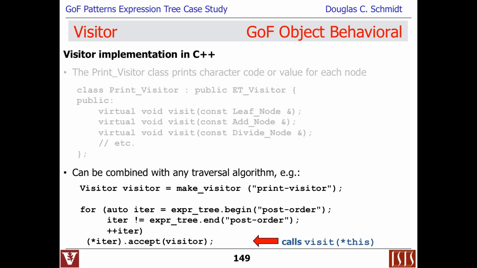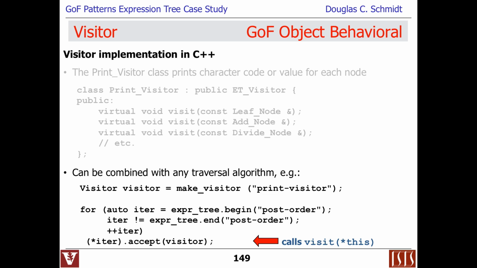So visitor is the base class. So print visitor, evaluation visitor, semantic generation visitor, whatever, those things are subclasses. So we can make those things in our make visitor factory, and they can all be treated generically as visitors. I think that was part of what Danny was asking before. That's really the essence of object-oriented programming. That's 101, right?